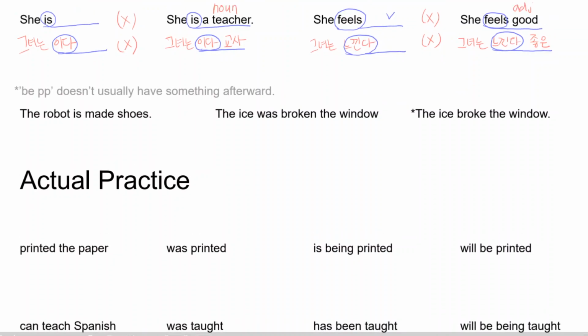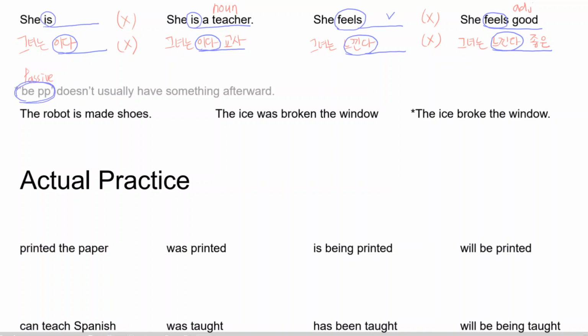In here I said BPP. BPP is of course a passive voice, right? Passive voice doesn't usually have something afterward. That means BPP is a verb as a whole. It's just one verb, okay?